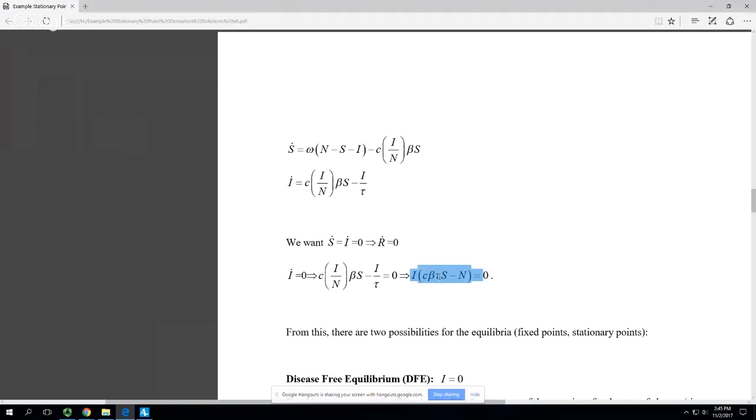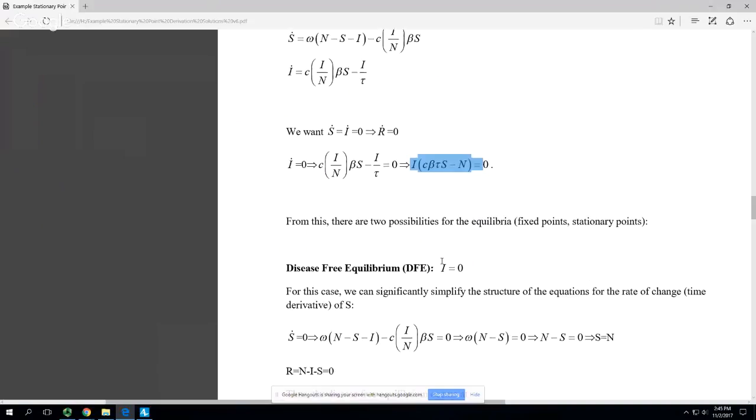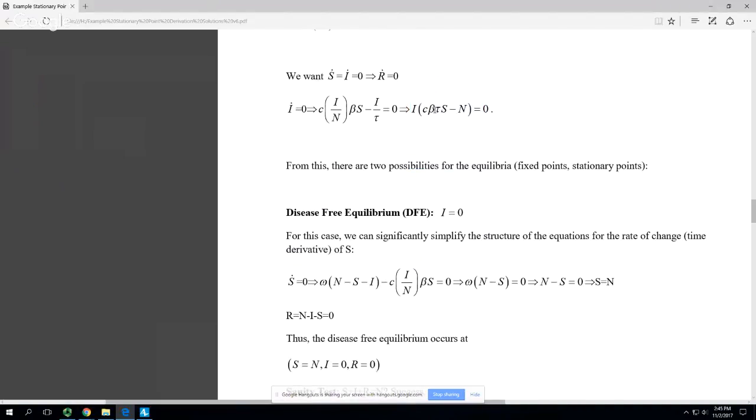And simplifying here, we get something like this. Does anyone recognize what's the C times beta times tau? Anyone recognize that term? That's a term of significance. It's actually a very significant term. It means something. C times beta times tau. What is that? Anyone recognize it? Yes, it's R0. R naught.